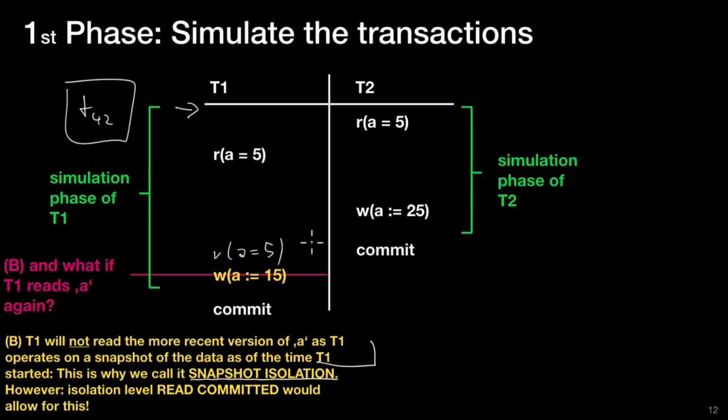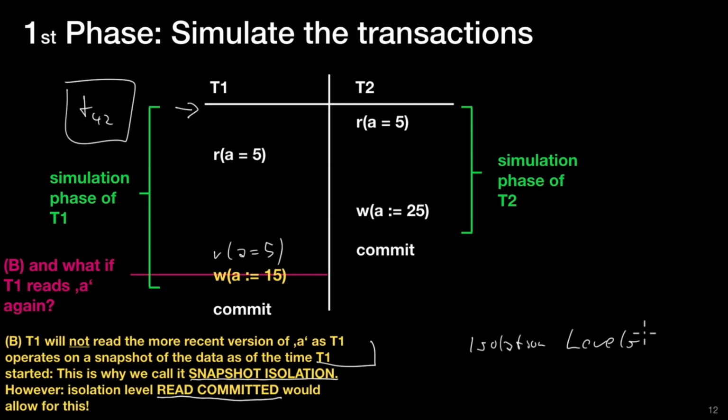However, note that you are allowed to fiddle around with this way of operating on the old snapshot. Many databases allow you to weaken this property. For instance, you can set the isolation level to read committed. Many database systems have so-called isolation levels.